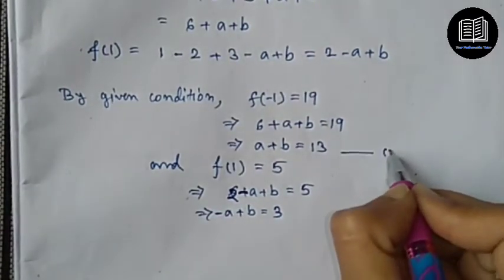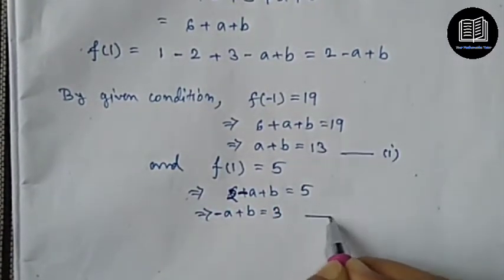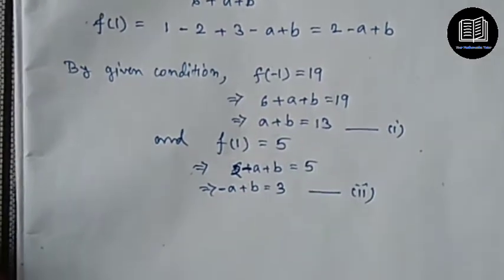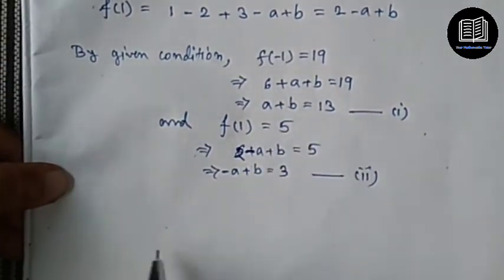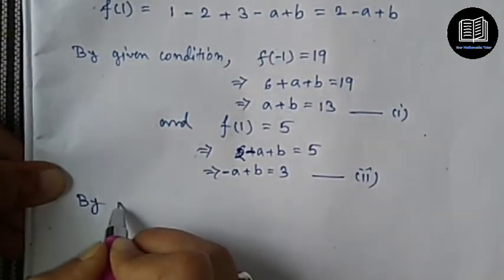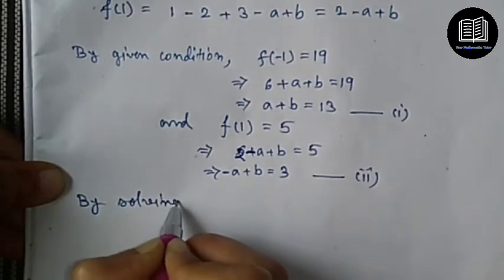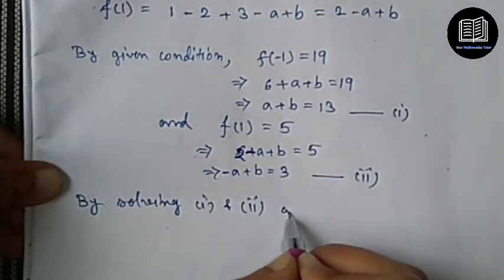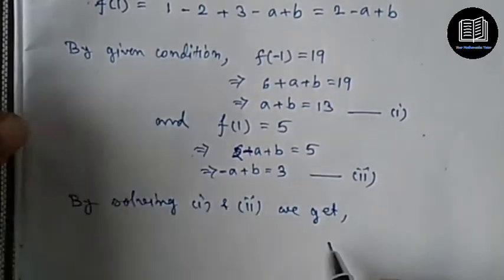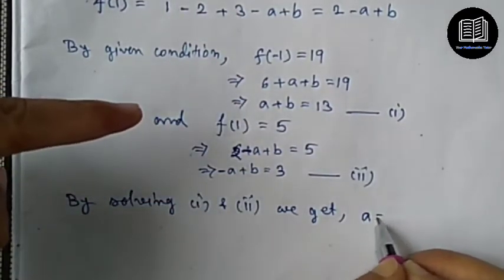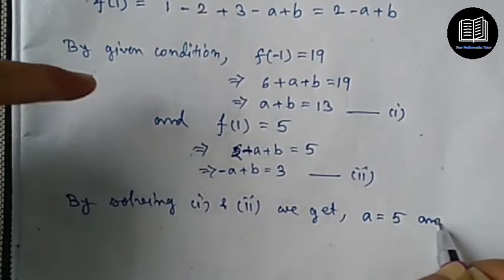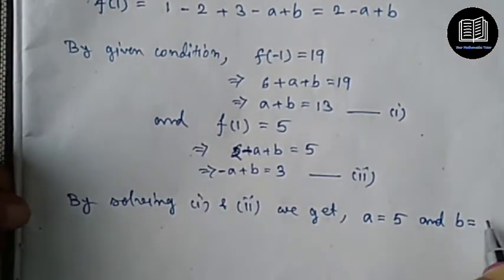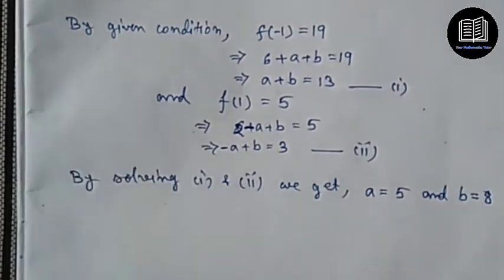Now if we solve equations 1 and 2, we will find the values of a and b. The values will become a equals 5 and b equals 8.